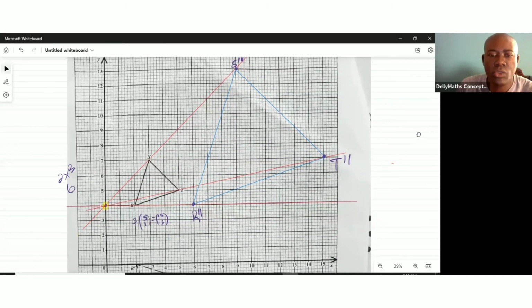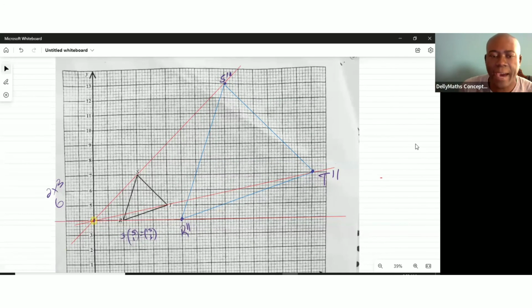All right, good. So as soon as we have identified our spots, you could see the concept that we're referring to: there's a straight line that passes through the center of the enlargement to each point and its image.